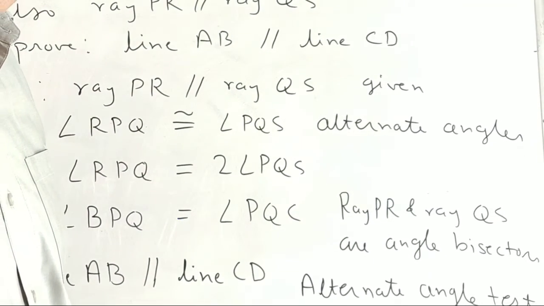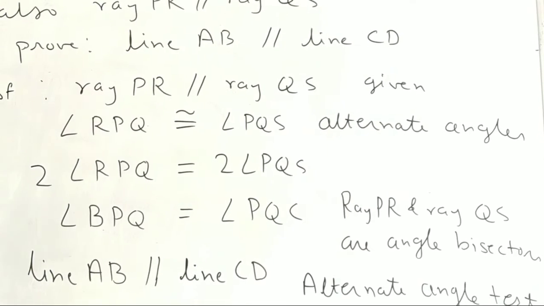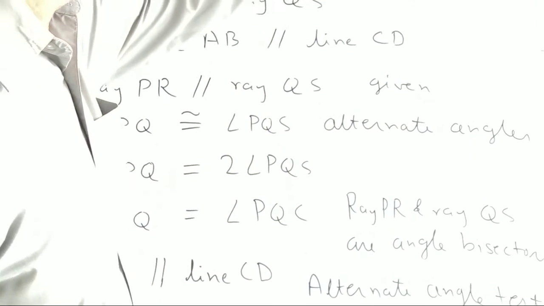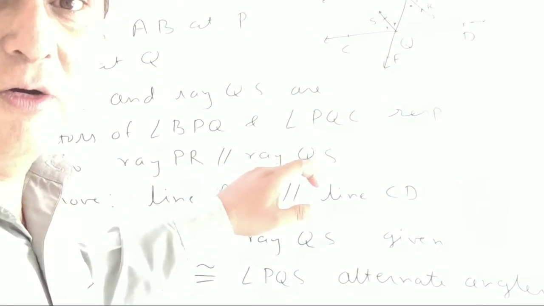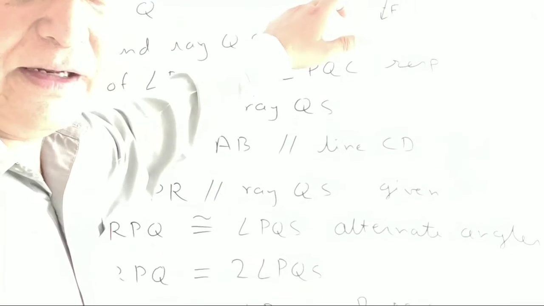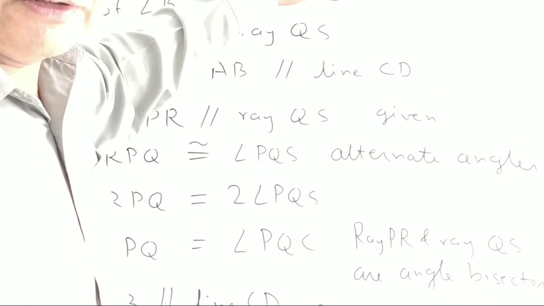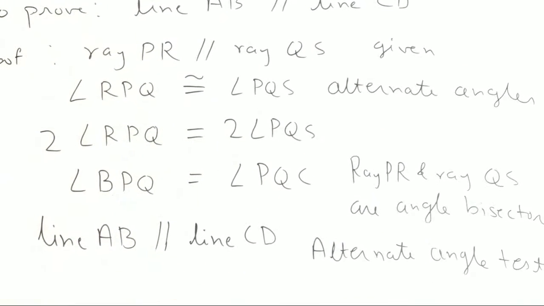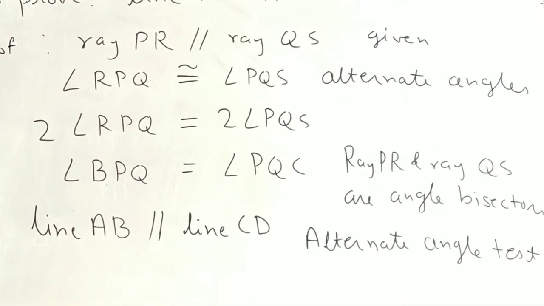Understanding? Multiplying by 2, we get the full angle. And BPQ equals PQC, they are congruent. It means they are alternate angles and they are congruent. So what does that indicate? Line AB is parallel to line CD by the alternate angle test.